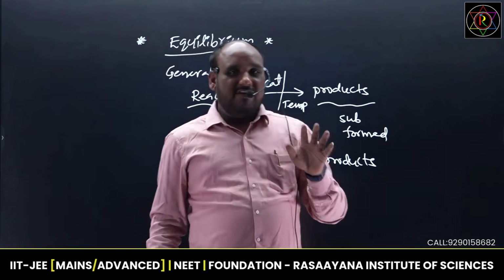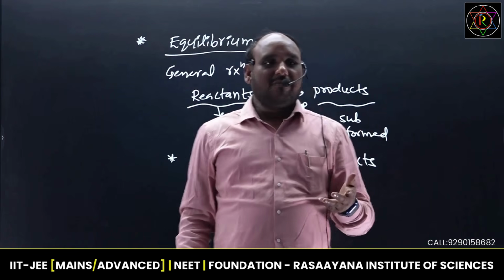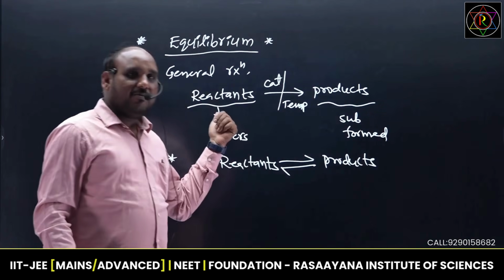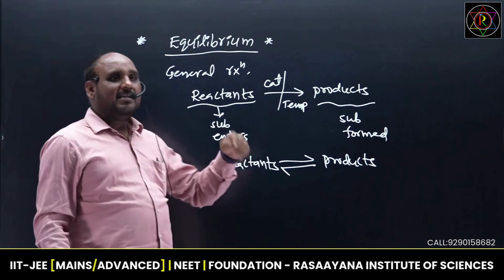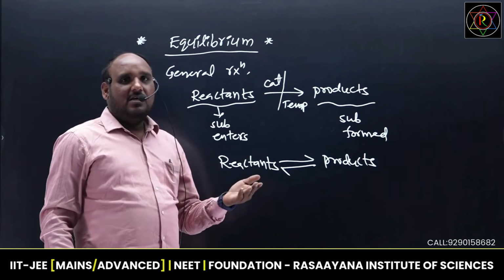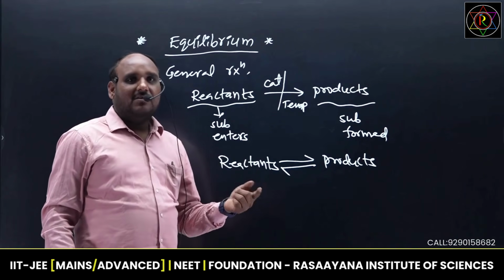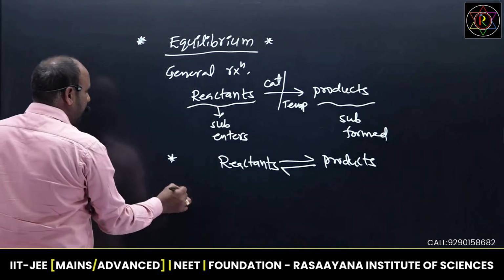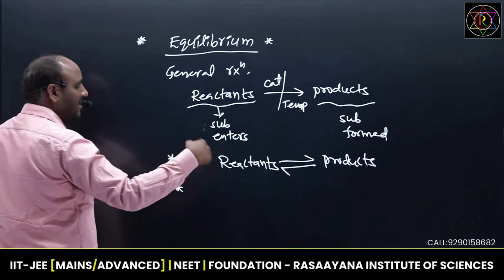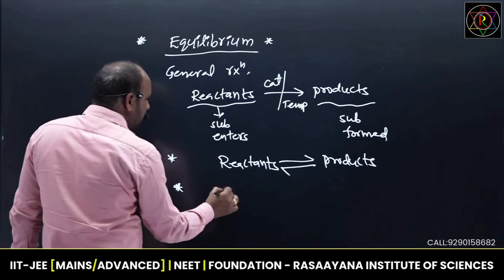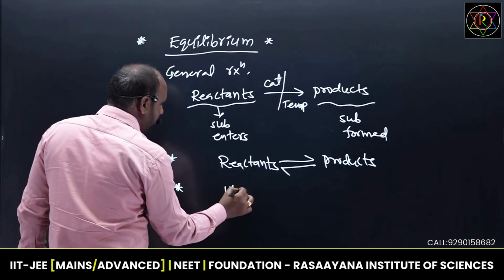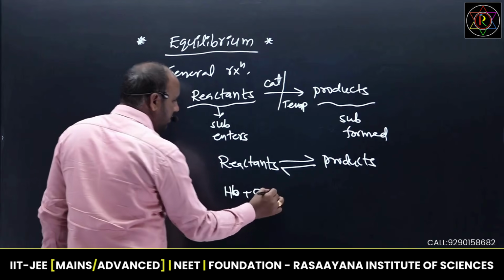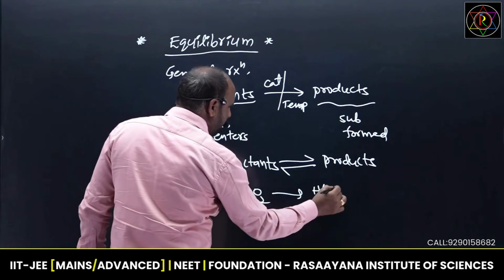There are various applications of equilibrium. We have to apply it in biological concepts, and also in industrial and environmental contexts. If we discuss the biological side, the concept of equilibrium is applicable. Simply, hemoglobin combines with oxygen, so we get oxyhemoglobin.